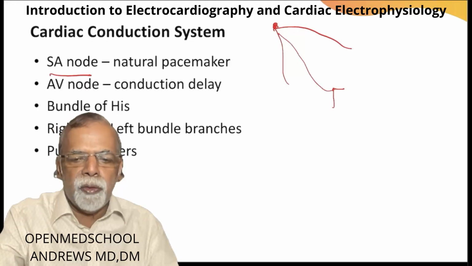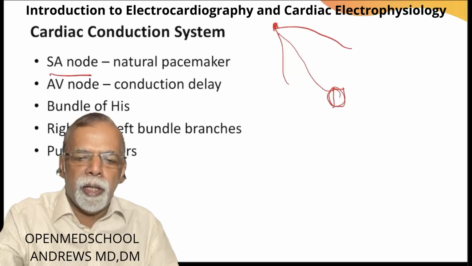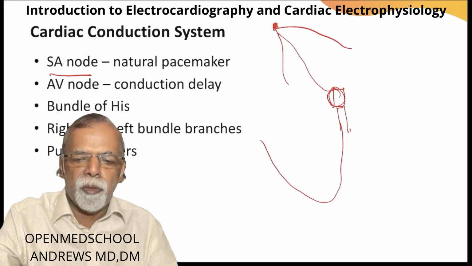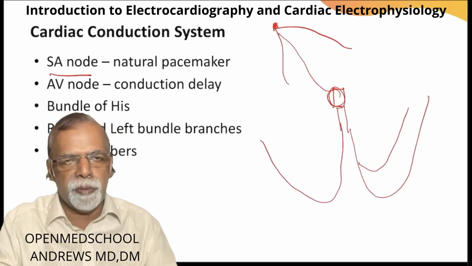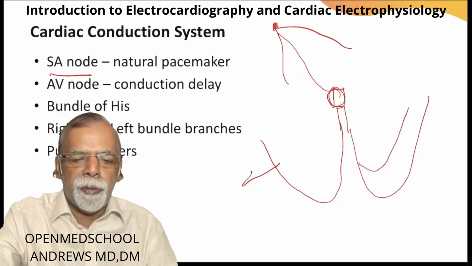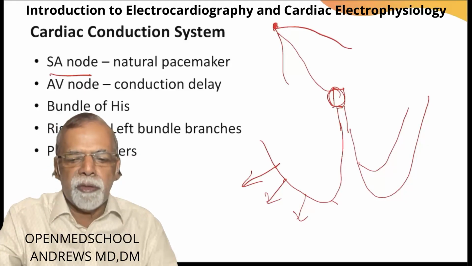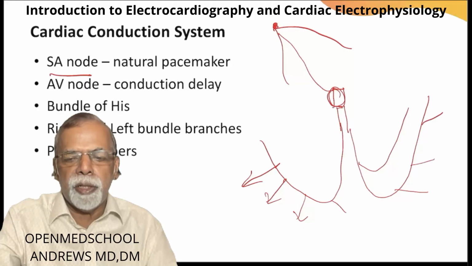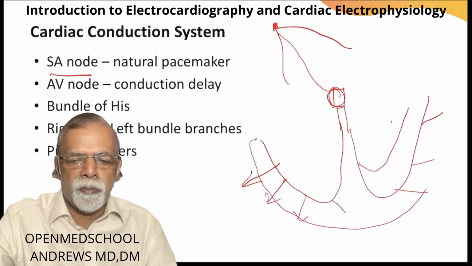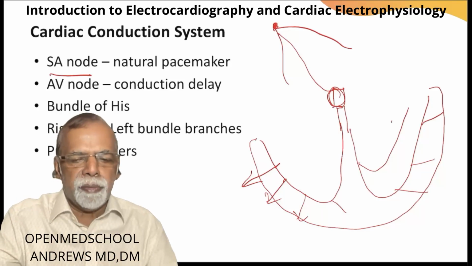It reaches the AV node where there is a delay, and from there the bundle of His divides into the right bundle and the left bundle, which divides into an anterior division and a posterior division. This arborizes into the Purkinje system from endocardium to epicardium. The depolarization wave is traveling and the ventricles are depolarized. So this is what is happening.